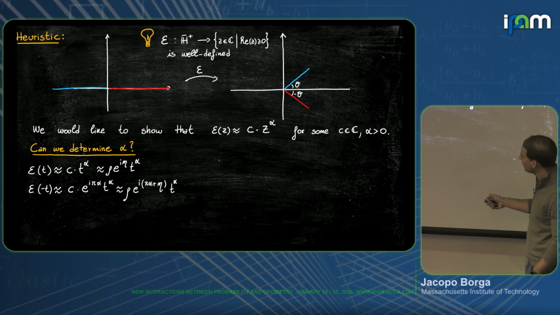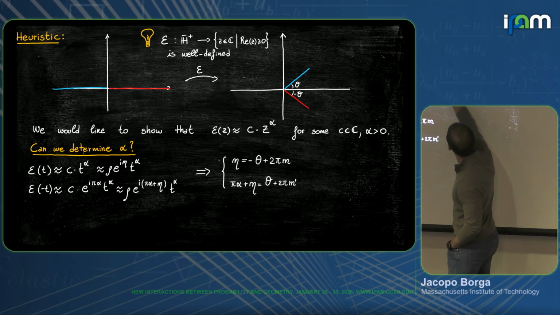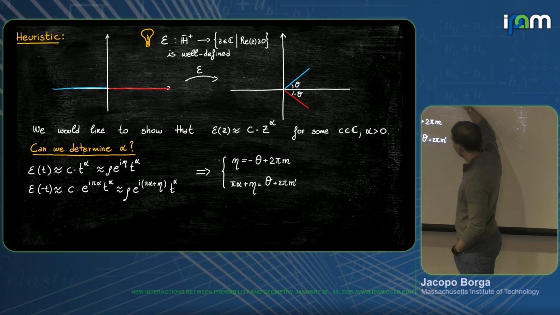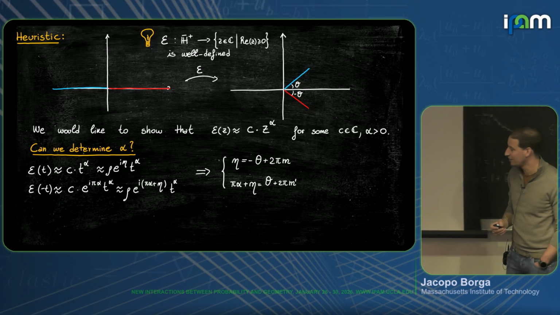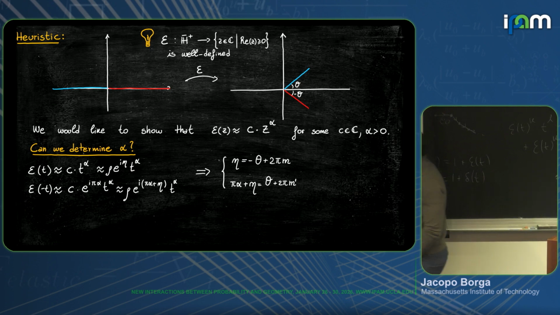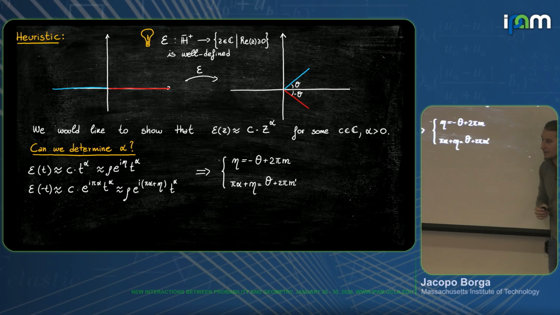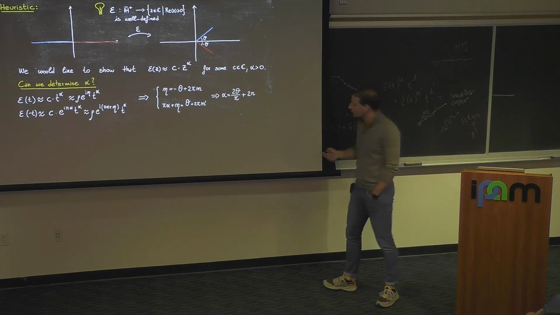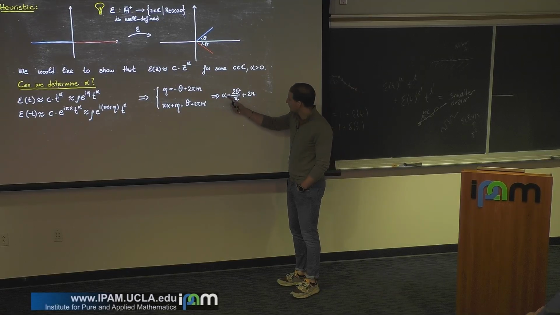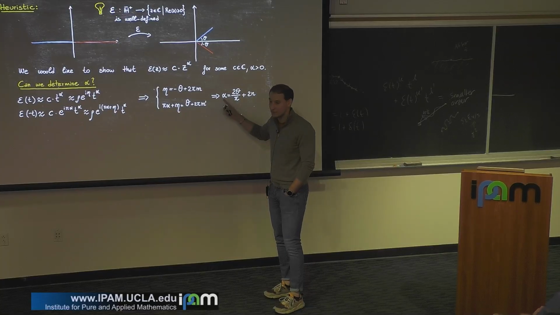But now you know that eta must be roughly minus theta plus the pickup of the period of the exponential, and pi alpha plus eta should be theta plus some other mistake, m prime. You do the algebra and you get that alpha should be exactly 2 theta over pi, but now theta was just a function of gamma, so you computed alpha.